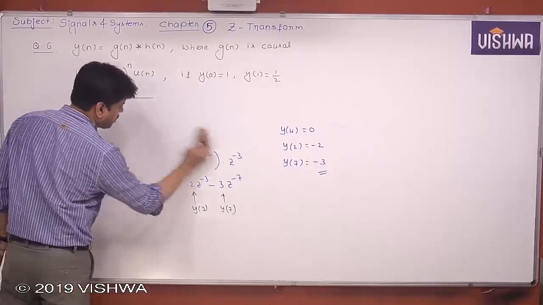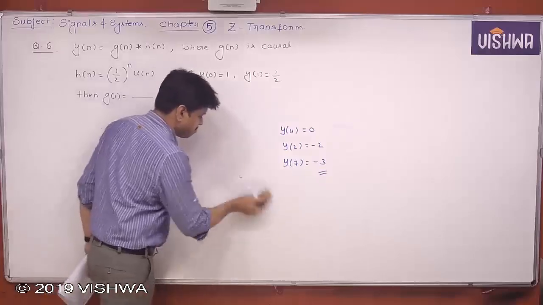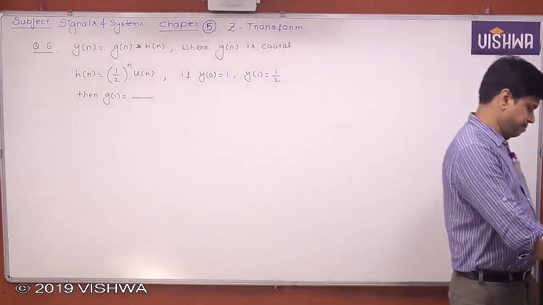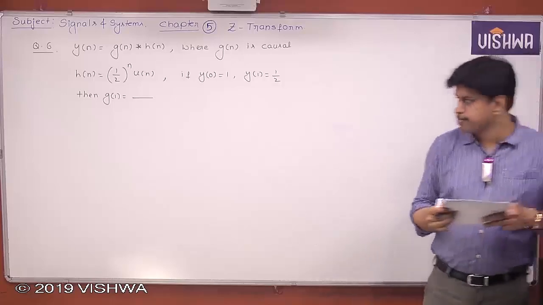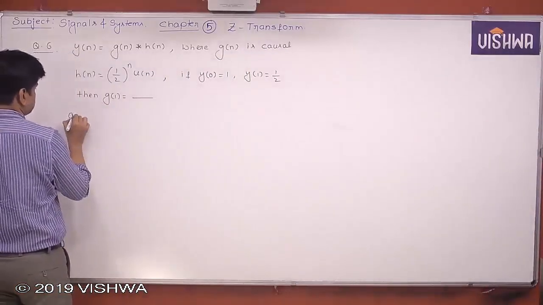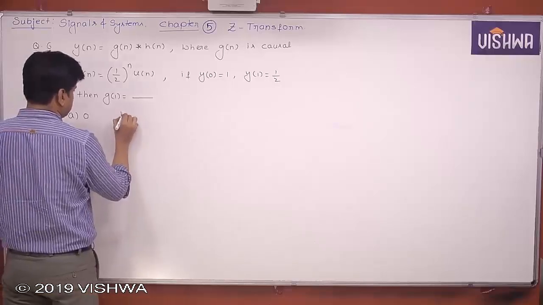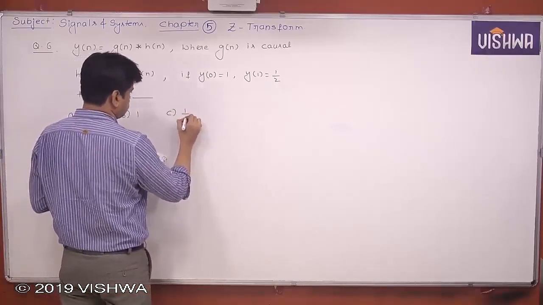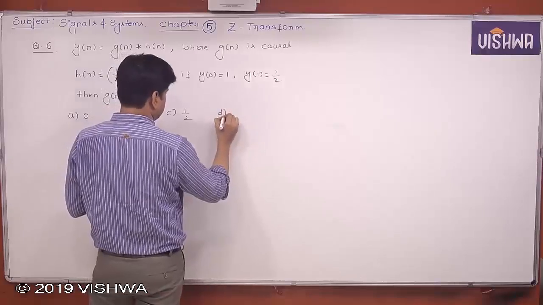Take this question. Options: 0, 1, 1 by 2, 2 by 3.